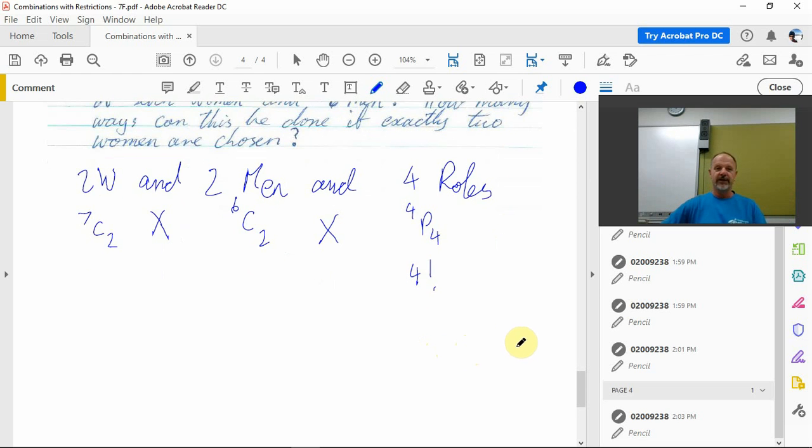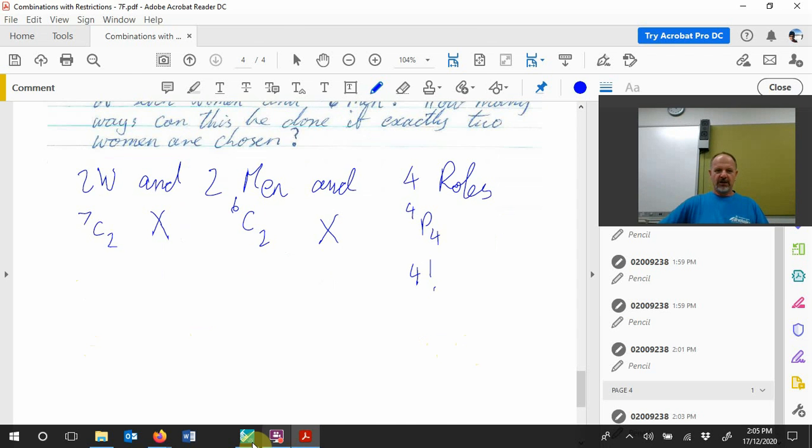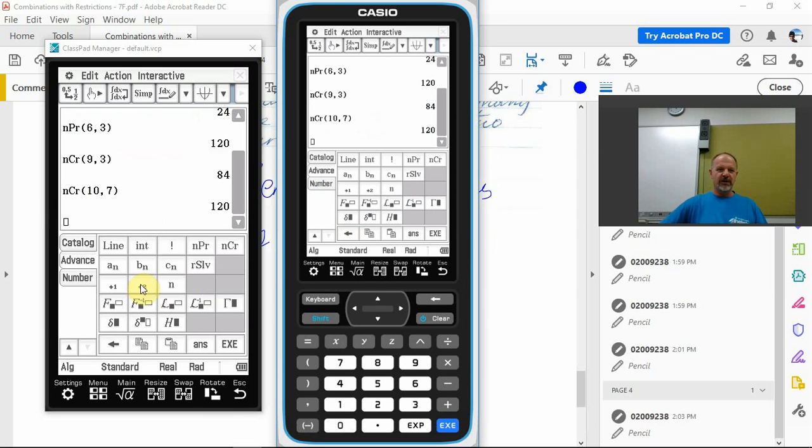And so, of course, you get your calculator out and you can set it all up as 1 and multiply it all together. Let me do that. Since this is the last example, here we go. So we've got 7C2, don't forget to close your brackets, times 6C2, close brackets, times 4 factorial.